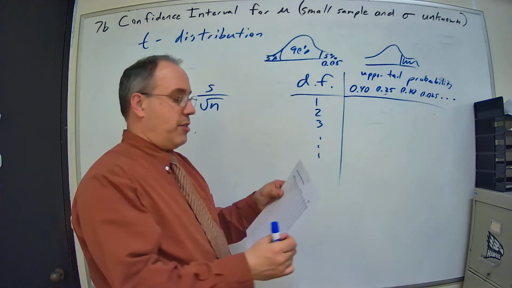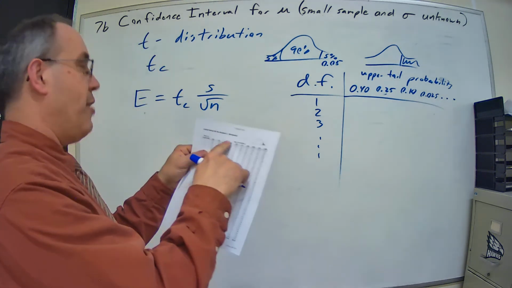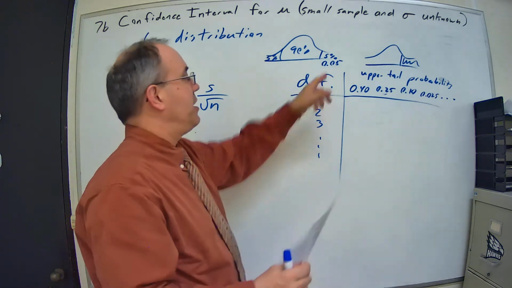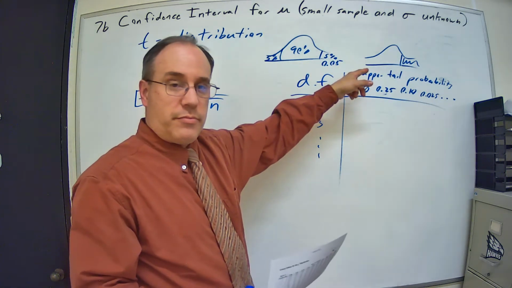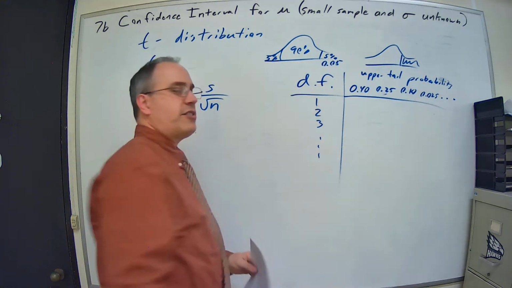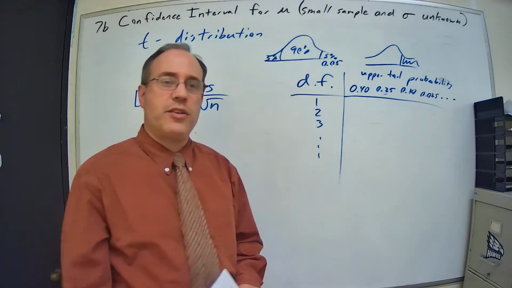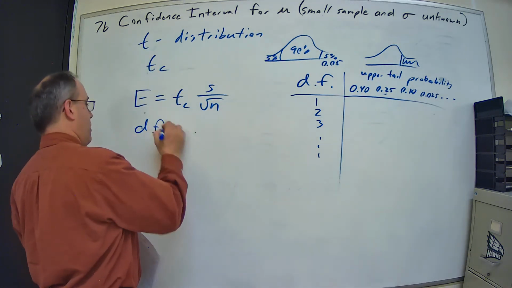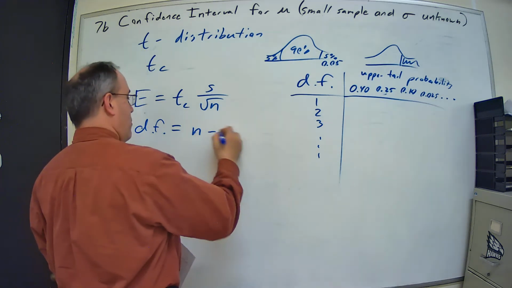So now we can look at the top of this and we look for the column that has 0.05 in the upper tail. So that's the one part. The other part of it is this degrees of freedom thing. What is this degrees of freedom? Degrees of freedom is equal to n minus 1.